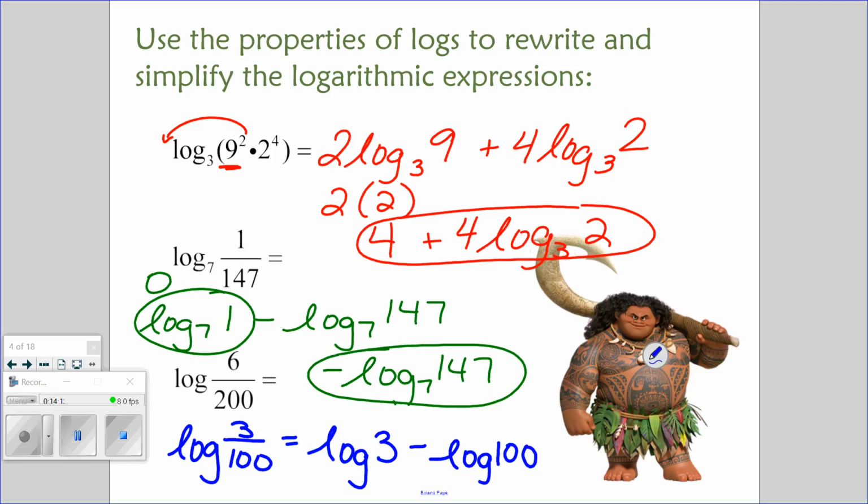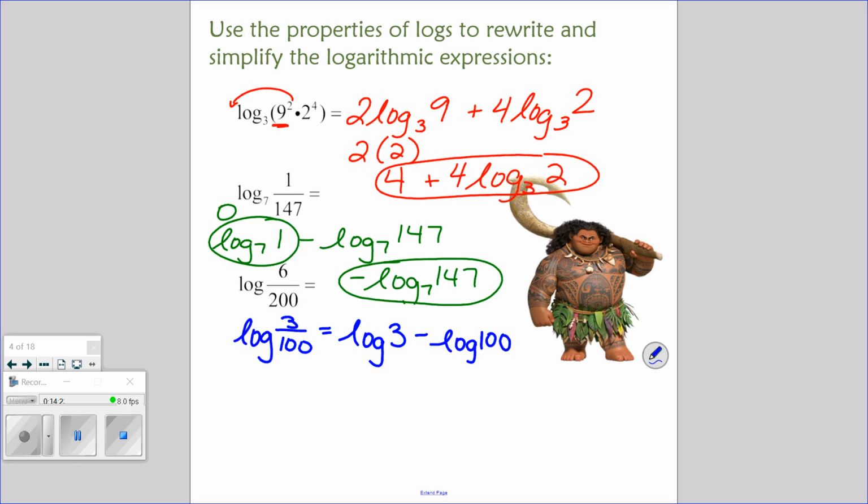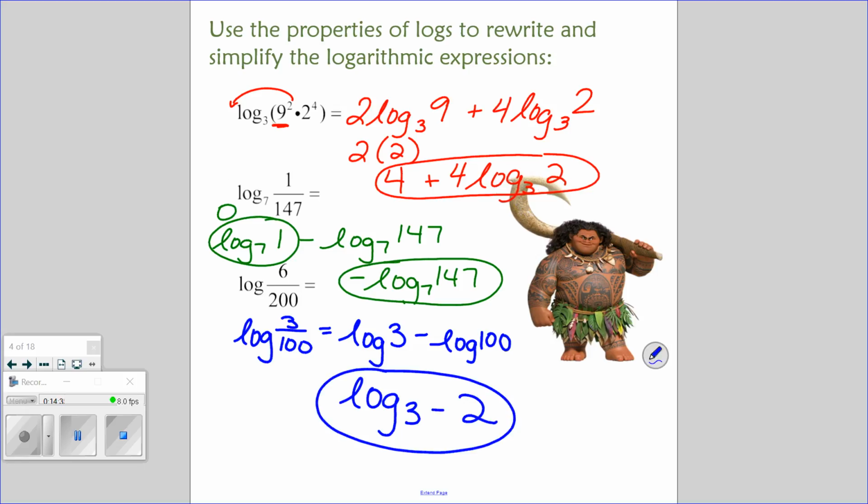You said the base was 10, right? Can I do 10 to some power equals 3? No. Can I do 10 to some power equals 100? 2. So this is just going to become log of 3 minus 2. Because 10 to what power equals 100? That'd be 2.